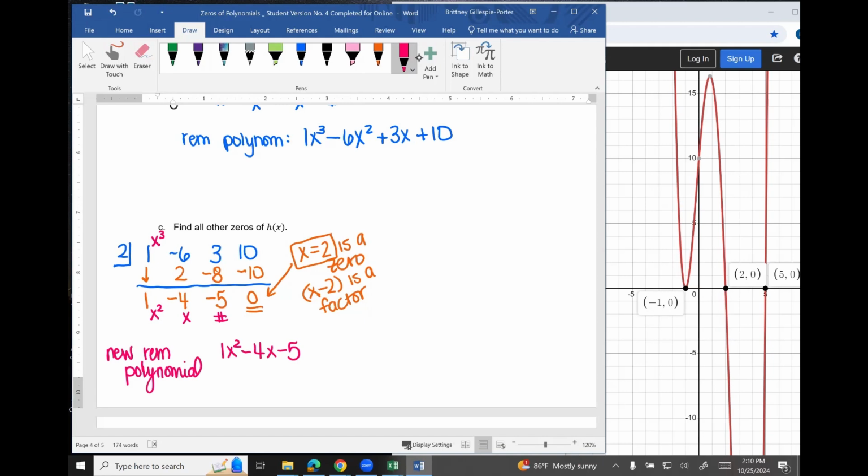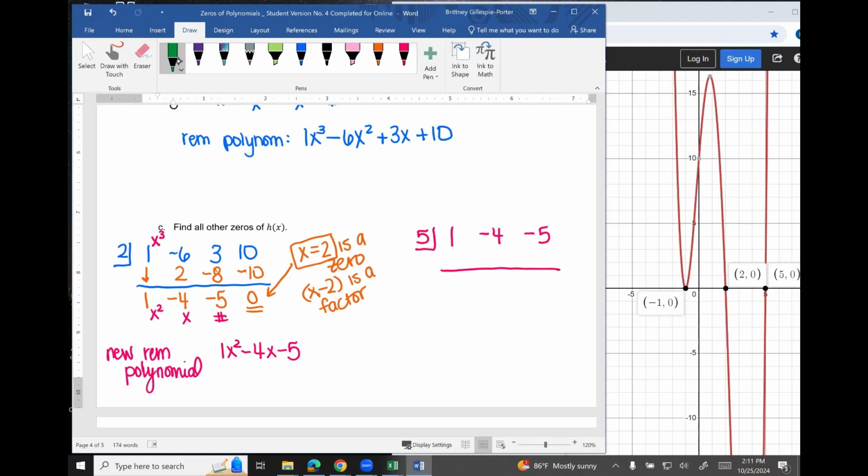So let's say that you continued with your synthetic division, just for the heck of it. Because we did -1, we did 2, we can still do 5. We haven't done that one yet. And then my coefficients would be 1, -4, -5.